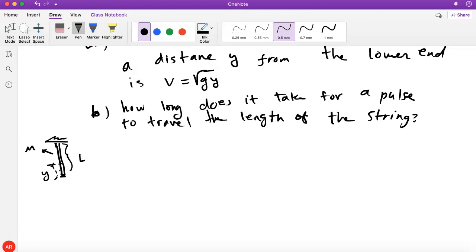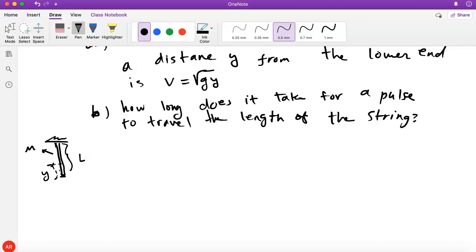So it's an interesting case where the speed of propagation is a function of where you are along the rope. Well, how do we find this? It's rather simple.